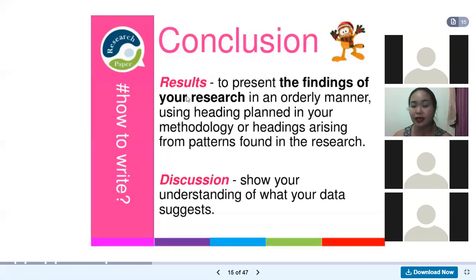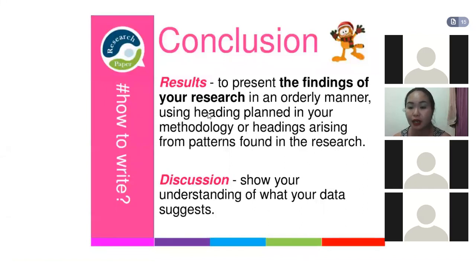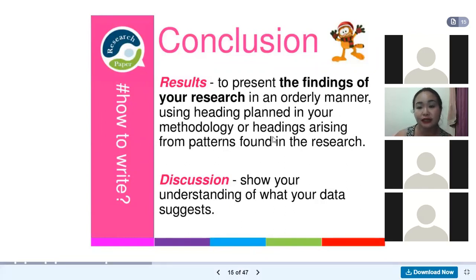So same as with the review of literature, you need subtitles. It is arranged properly and your tables and graphs are numbered accordingly so when you refer, Table 8 or Figure 1 shows that the increase of income of farmers, as introduced with business techniques, for example, and using headings in your methodology or headings arising from patterns found in the research.